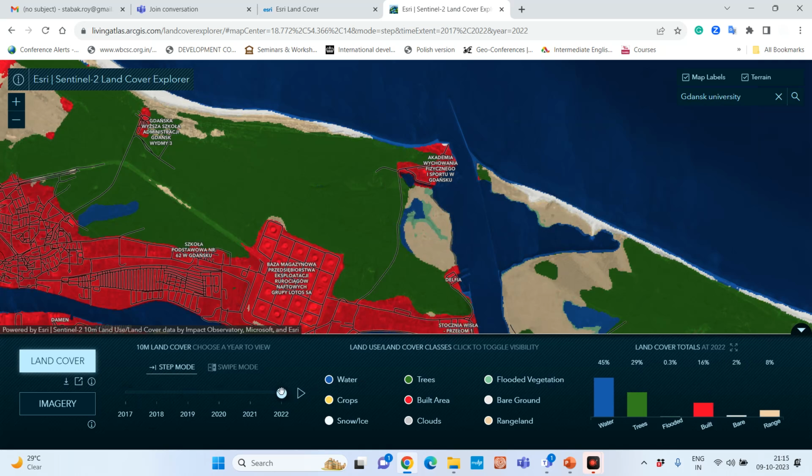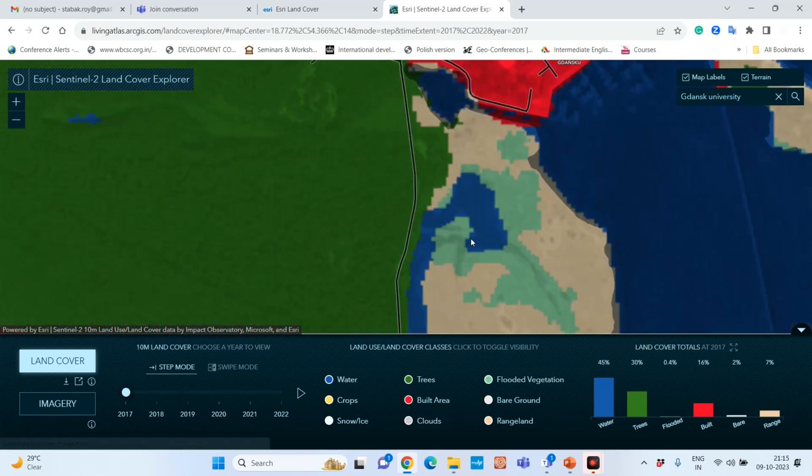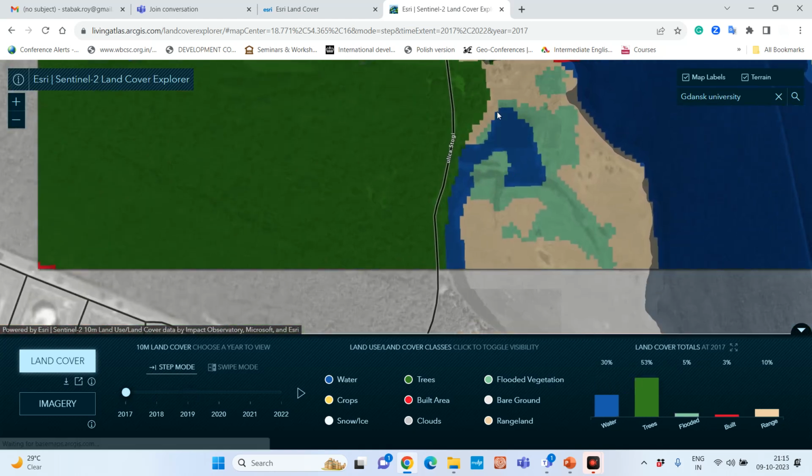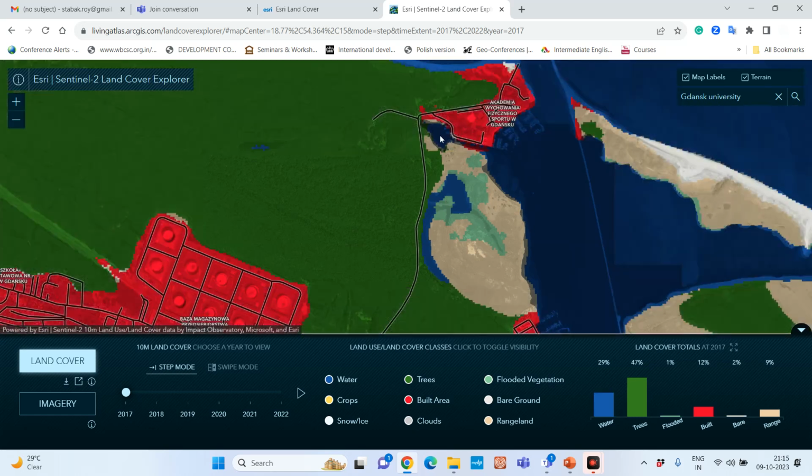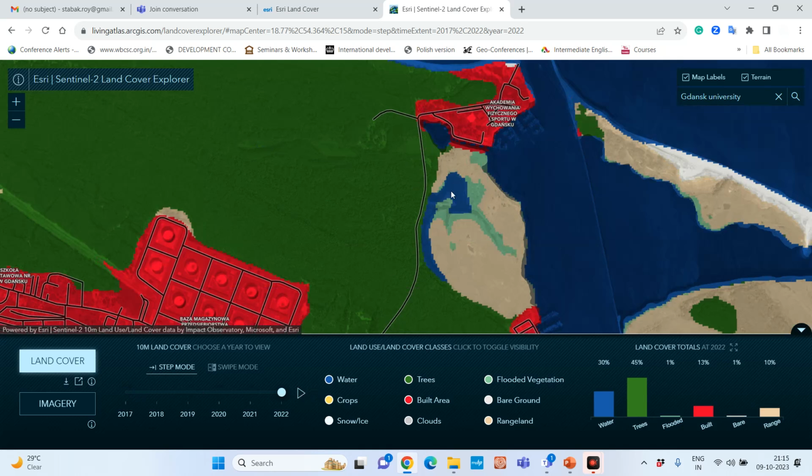You can find the change at micro scale. Suppose in a river or a water body, the water body has been reduced, or you can see the change between 2003 and 2022. So this is what is called remote sensing.